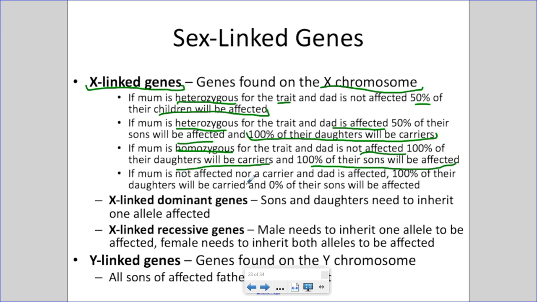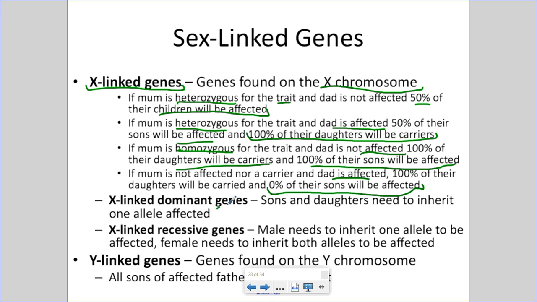If mom is not affected and not a carrier, and dad is affected though, 100% of their daughters will be carriers, and 0% of their sons will be affected, as dad is the one that contributes the Y chromosome to make it a male. If you want, you can play out all the different combinations of X and Y that would result in these various ratios.